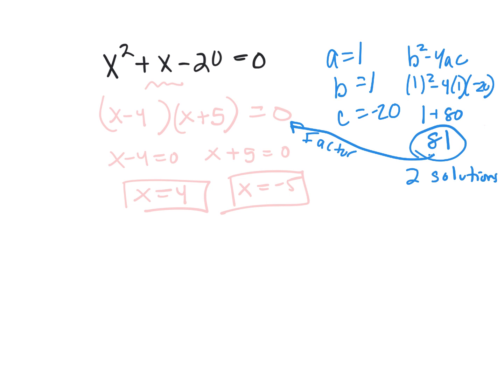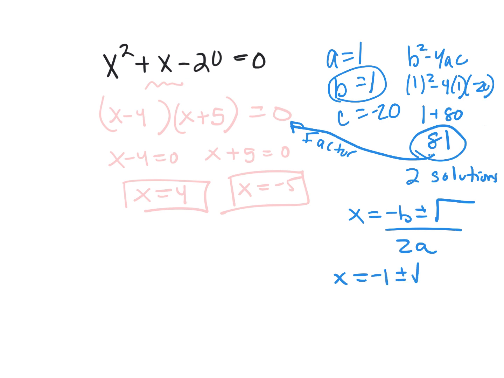Or you would just continue on with the quadratic formula and say that x is equal to the opposite of b. B is 1, so that would be negative 1, plus or minus the square root of 81 divided by 2 times a. A is 1, so that's 2.